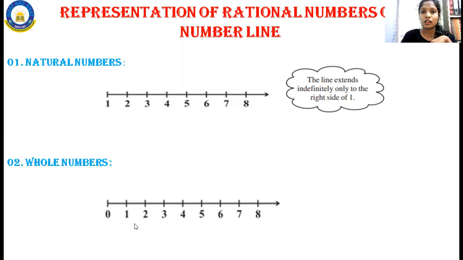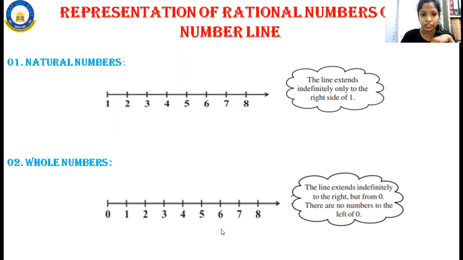Next I come to whole numbers. Whole numbers include the natural numbers along with 0. The numbers along with the natural numbers and along with the 0, we're going to call as whole numbers. Here also the number starts with 0 and ends with infinity, and the line is going to extend indefinitely to the right hand side of 0, and there are no numbers to the left hand side of 0.